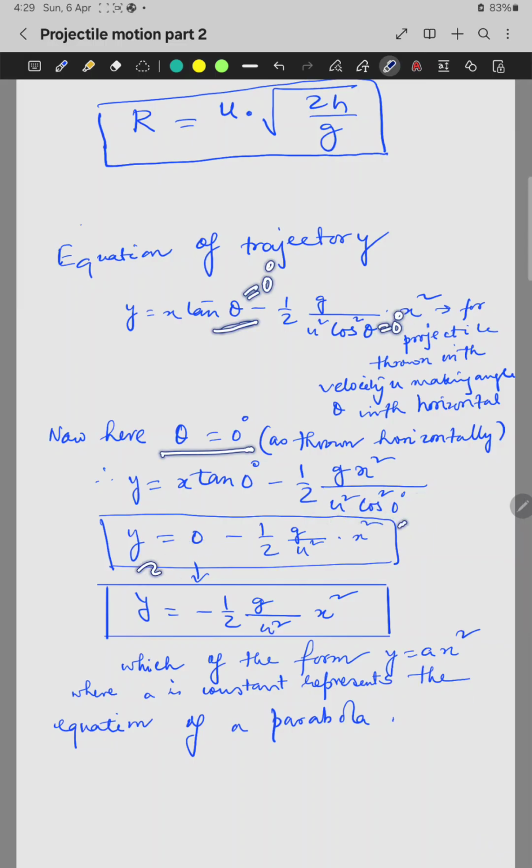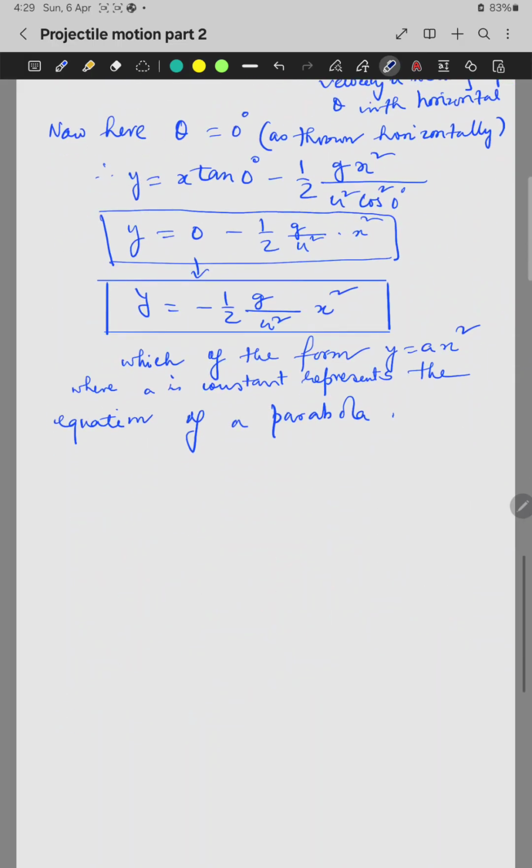By doing so, we get y equals 0 minus half g by u square multiplied by x square. So y is equal to minus half g by u square x square, which is the trajectory equation for this case of projectile motion, and it is evident that it is the equation of a parabola. So here also the trajectory of the projectile is in the shape of a parabola.